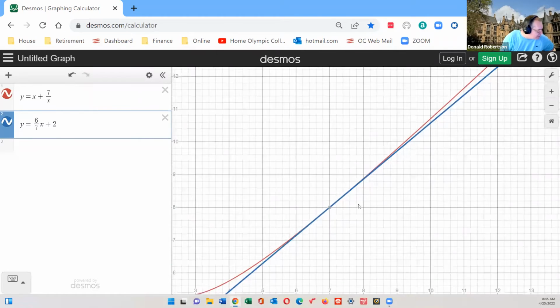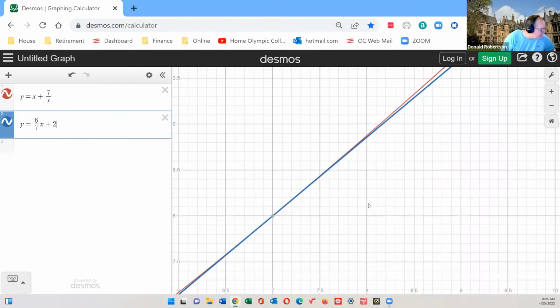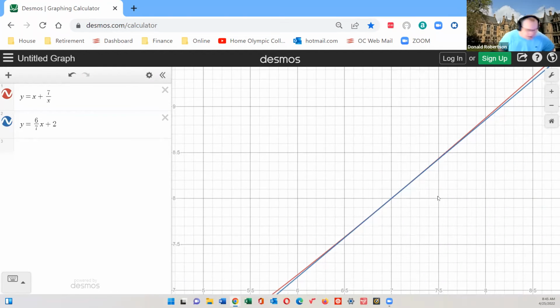Are you convinced? One of the other ways is, do you notice that when you zoom in, you can't tell a difference anymore? That's one of the properties of a tangent line, is that it is so like the curve, at a microscopic level, that you can hardly tell the difference. I'm pleased that one worked out good.